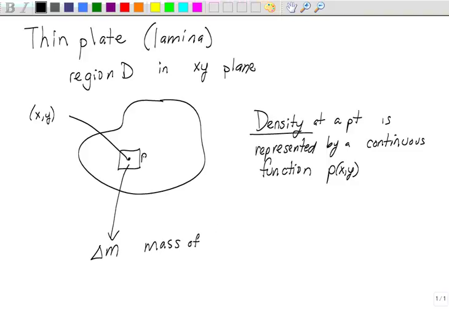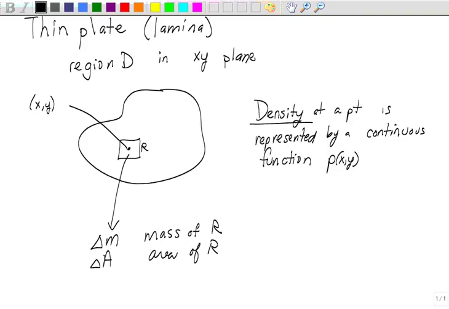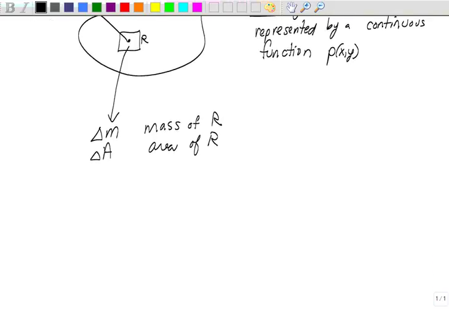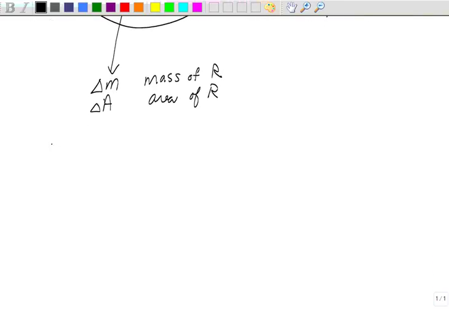Let's call it rectangle R. And delta A is the area. And again, we're going to divide that whole thing into little itty-bitty rectangles. And mass is equal to density times area.